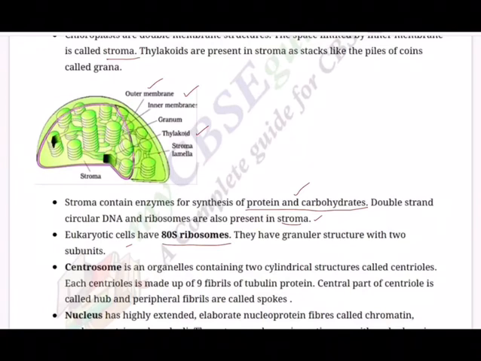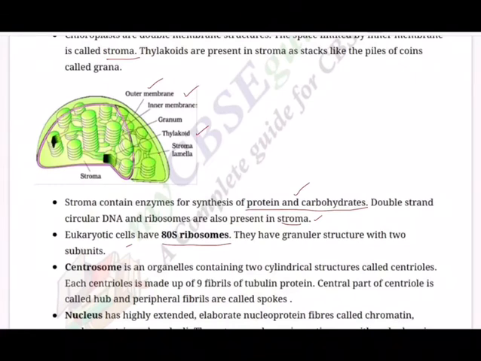This is important. And leucoplasts, on the other hand, are colorless plastids found in storage organs away from sunlight. Chromoplasts are non-photosynthetic plastids having various colors except green. These store carotenoid pigments, and chloroplast is the center of photosynthesis.